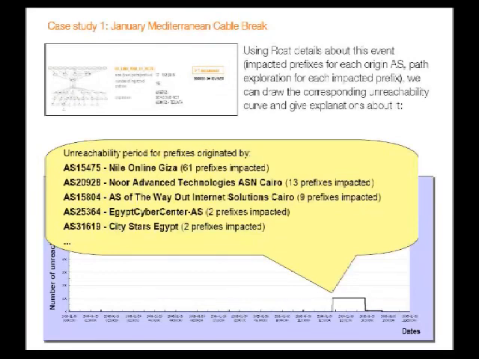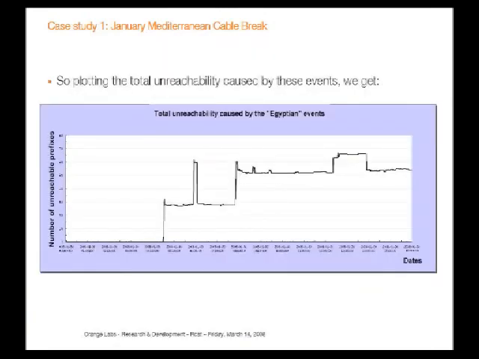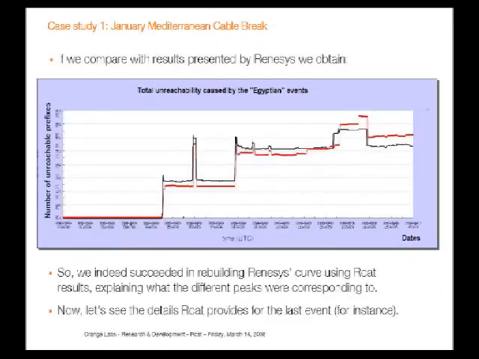And now, just summing all these curves, I'm going to have the total unreachability of Egyptian prefixes caused by all the Egyptian events. So here's what we obtain. And comparing this curve with this one, here's what we get. It seems that it's a match.